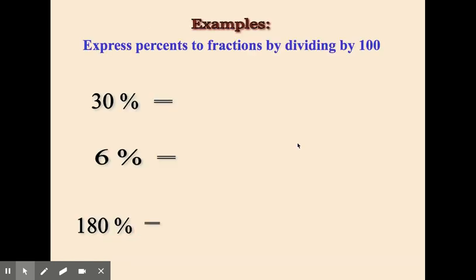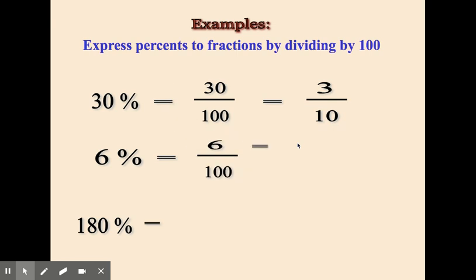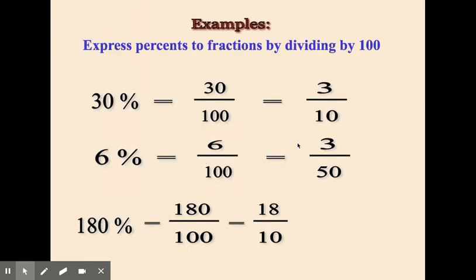So 30% would be 30 out of 100, which reduces to 3/10. 6% would be 6 out of 100, which reduces to 3 over 50. 180% would be 180 out of 100, which reduces to 18 over 10, because I can divide them both by 10, which then reduces to 9/5. So remember, percent just means out of 100, so you just take the percent, put it out of 100, and then reduce. And that can be equivalent at the end to 1 4/5.